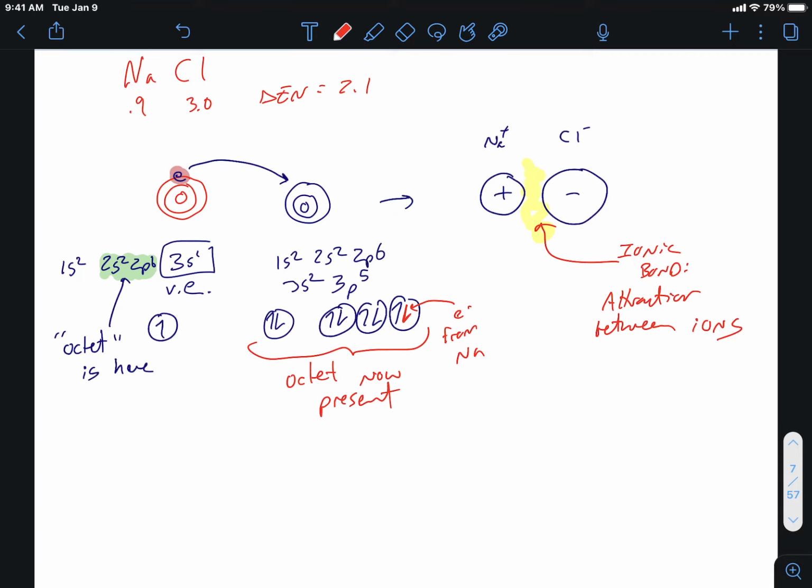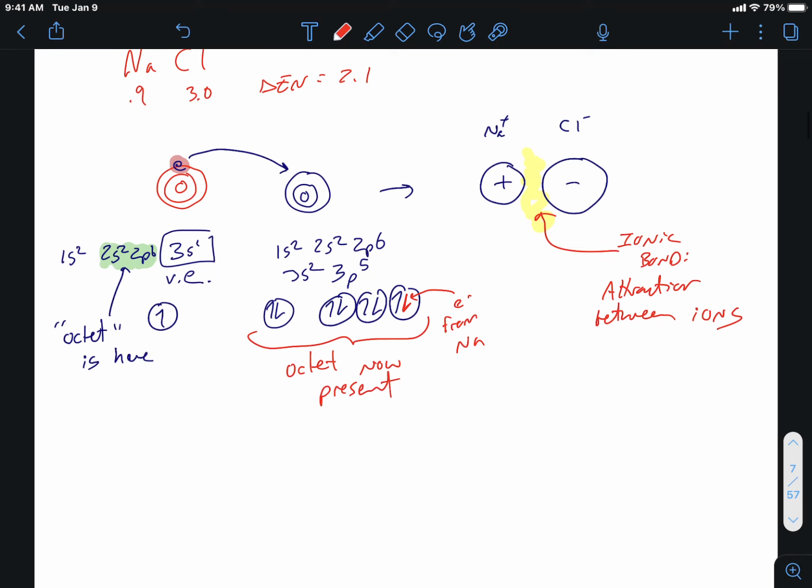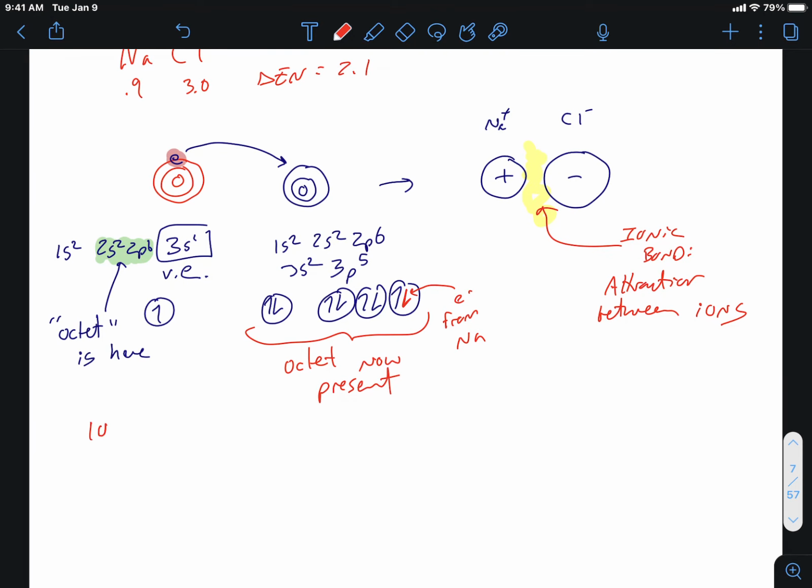Okay, so that was kind of a lot. Let's condense this a little bit just to make it easier to digest. So what all is happening? In ionic bonding, we have a difference in electronegativity greater than 1.7.